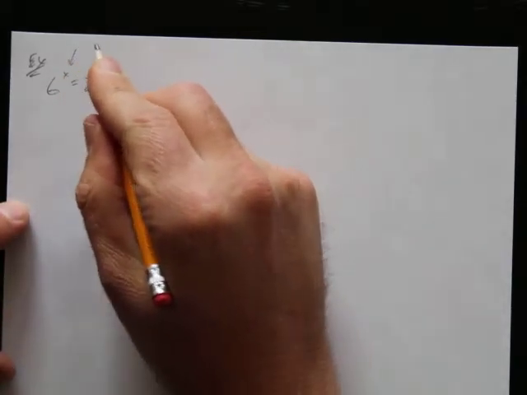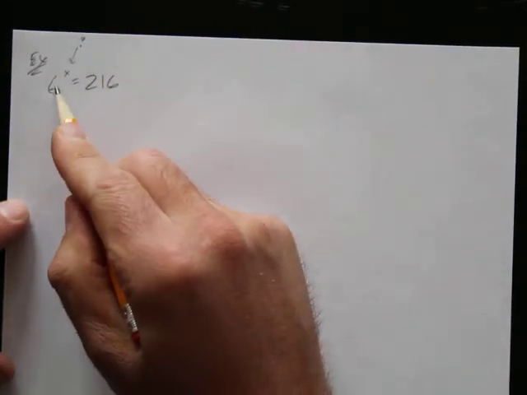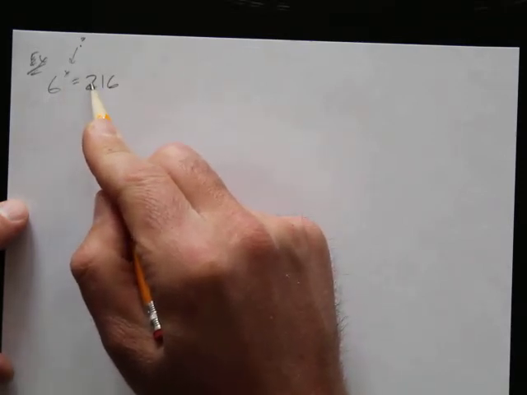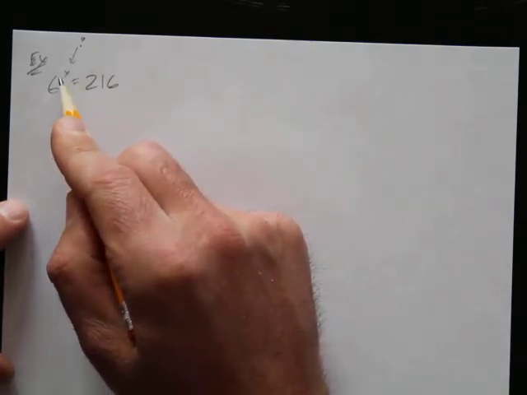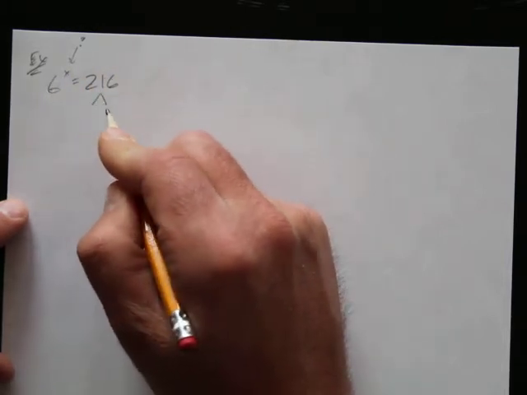And so now I've got to figure out what could be here. What is going to be my exponent? How many times do I multiply 6 by itself to get to 216? And this might be a little bit difficult. So what I'm going to do here is take this 216 and divide it by 6. And hopefully it'll divide by 6 super easy.